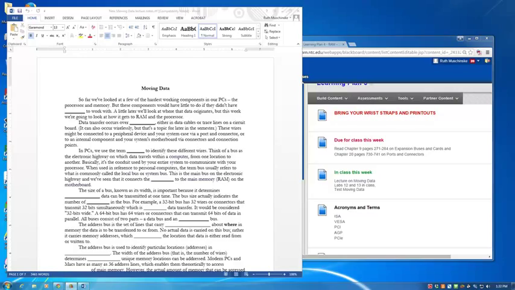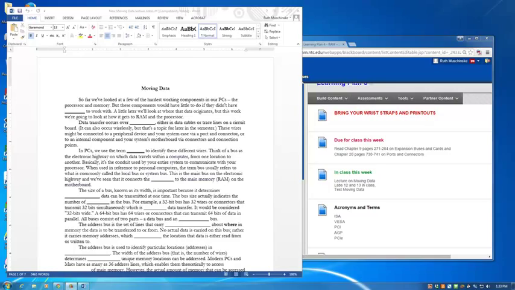When used in reference to personal computers, the term bus usually refers to what is commonly called the local bus or the system bus. This is the main bus on the electronic highway, and we've seen that it connects the processor to the main memory on the motherboard. The size of a bus, known as its width, is important because it determines how much data can be transmitted at one time.